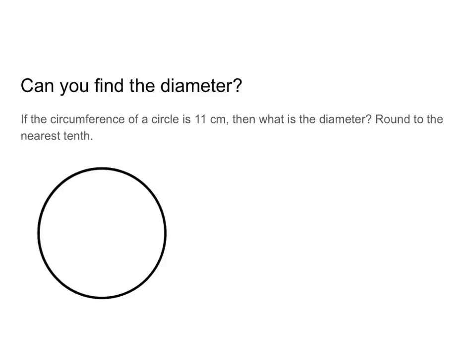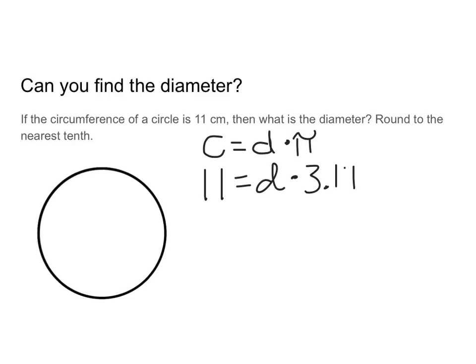Did you decide to try and work backwards? Let's see what that looks like. So I'll start with my formula. And this time I was given circumference. So 11 equals diameter times 3.14 again. And I'm trying to find that diameter.